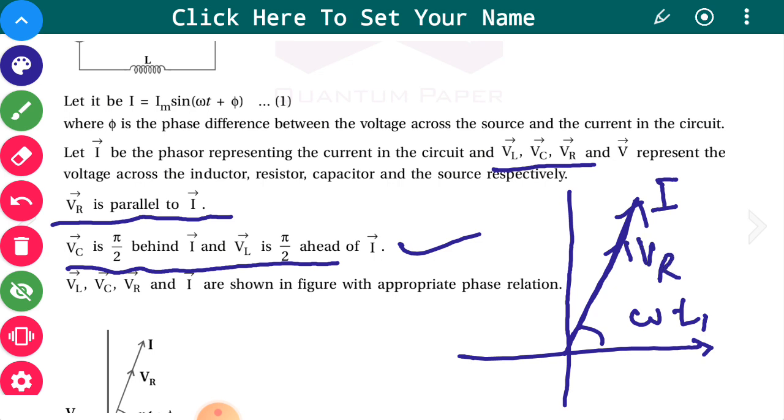VR is in this direction, but as VL is ahead and VC is behind, VC will be 90 degrees behind and VL will be 90 degrees ahead. So this will be the phasor of voltage across inductor, and VC is pi by 2 behind, so this will be the voltage across capacitor.